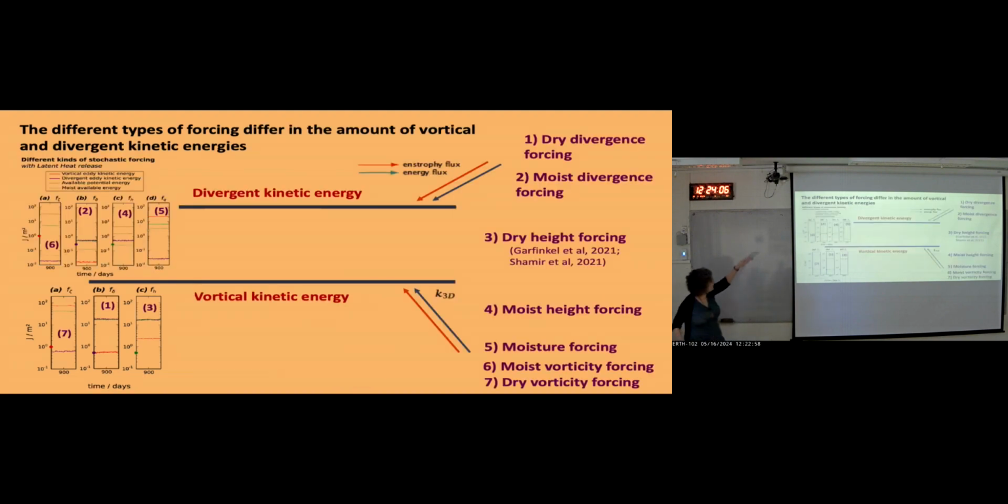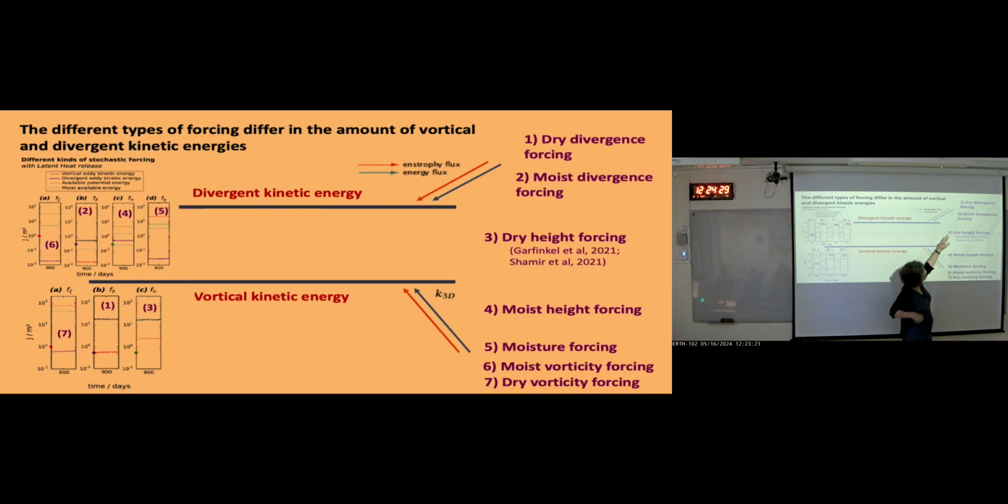Okay, so if we take these energy levels, we can place them here in terms of whether you're forcing vorticity or forcing divergence. So dry divergence forcing forces divergent energy only. Moist divergent forcing is closer. There's maybe a tiny bit of vertical energy that gets forced.